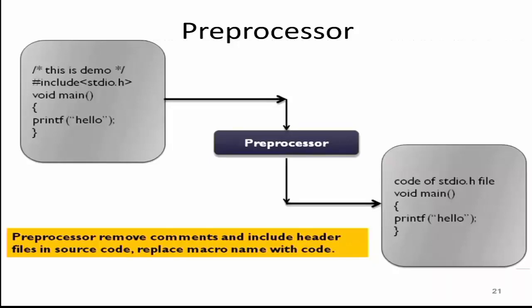So what the preprocessor does is it cleans your code. It looks for any definitions you define, replaces them with the actual value, looks for any includes you put, and replaces them with the actual code. So the output from the preprocessor will be your program, but anything that is in stdio.h will actually be here at the top. Is that clear? So you can expect to find the definition of the printf here.